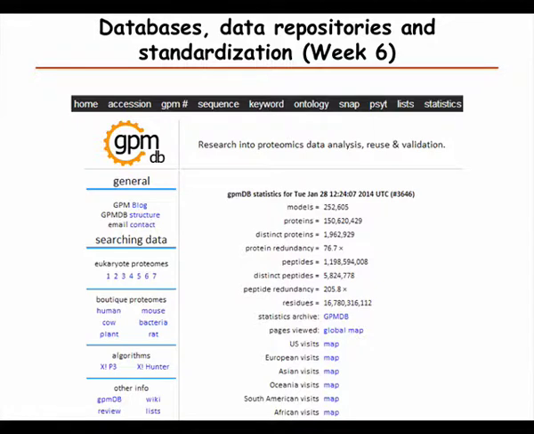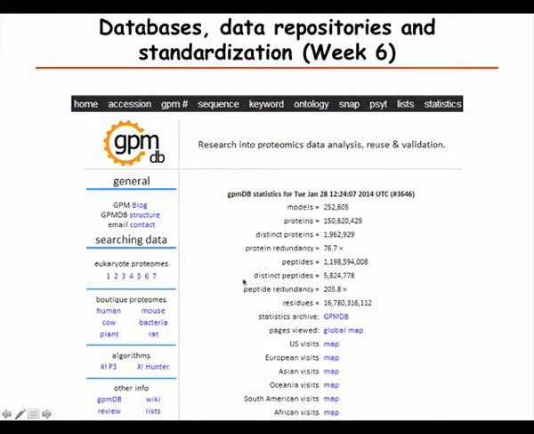Then in the sixth lecture, we're going to talk about databases and data repositories and different standardization efforts that have been made. We're mainly going to talk about a database called the Global Proteome Machine Database, GPMDB.